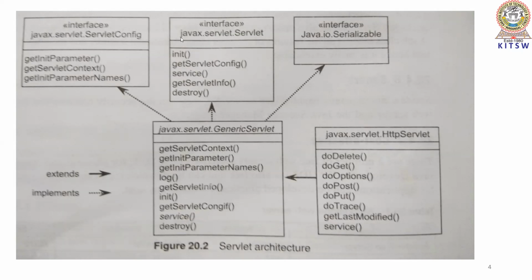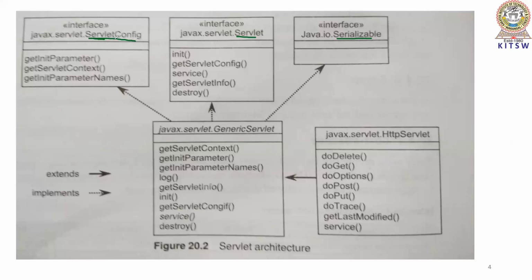In this diagram, there are three interfaces: servlet config, servlet, and serializable. These are the three interfaces: servlet config, servlet, and serializable.